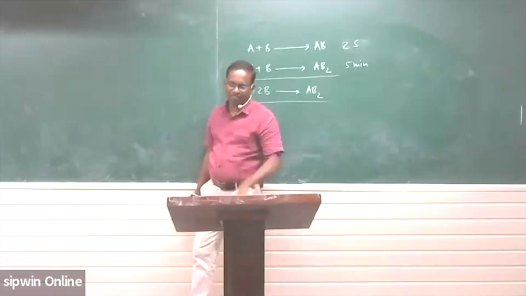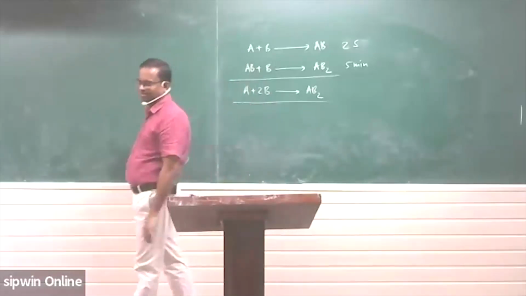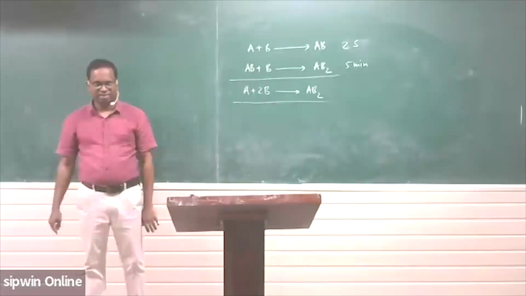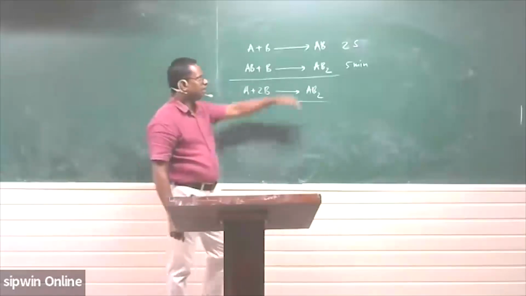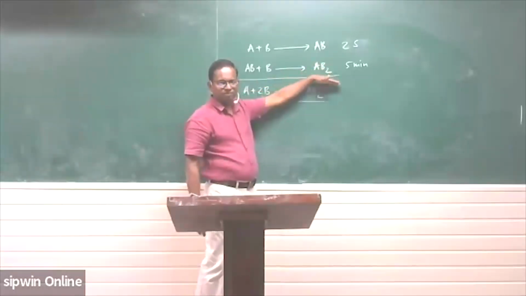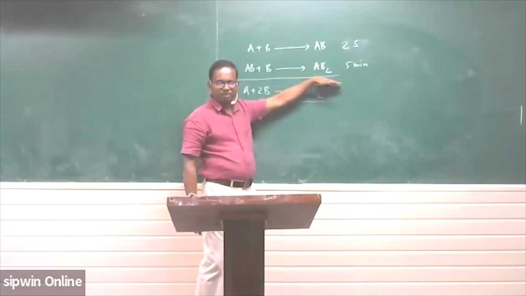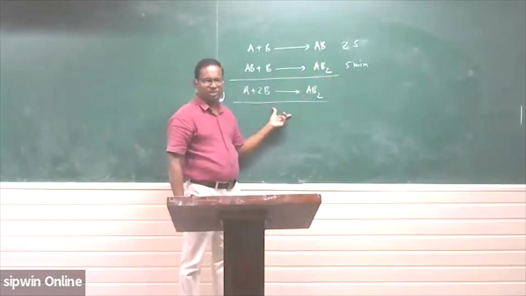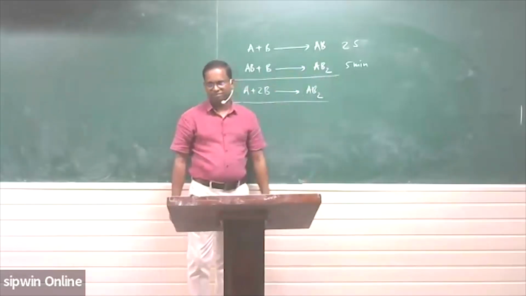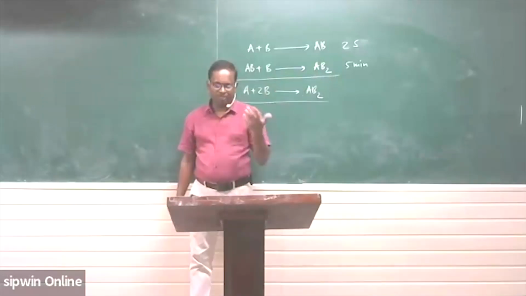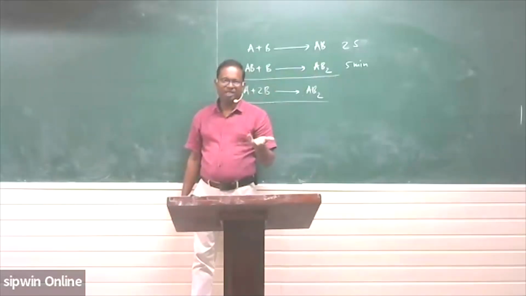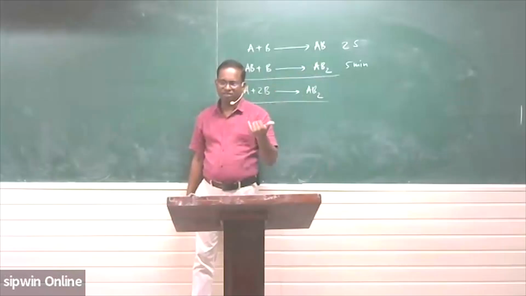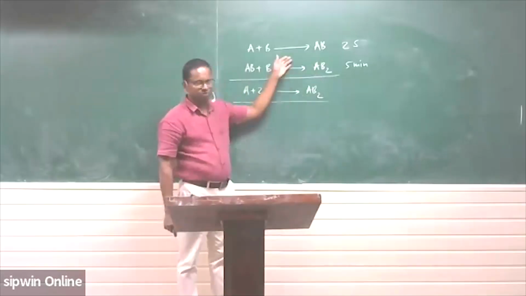It is almost the same. But this one is a rapid one, and this one is a slow one. Overall reaction, how much time does it take to complete? 302 seconds. That is decided by which of these two steps?